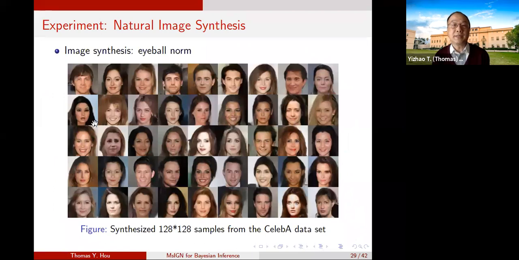Okay, so this is some of the randomly generated images through our transport map. Of course, these are fake images, but you learn from a library of real images, then you generate a random noise, and then you output the data. You can see each one of them looks pretty realistic, like a human face. Of course, it's a fake face.